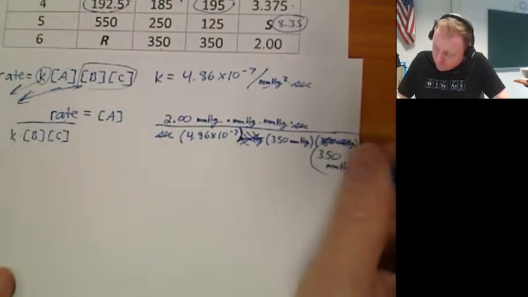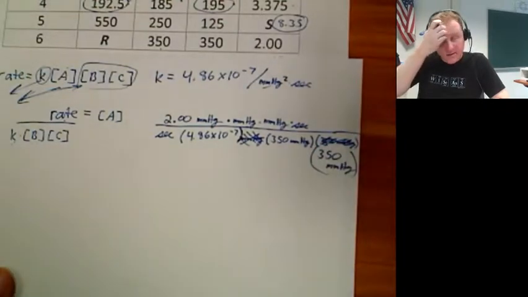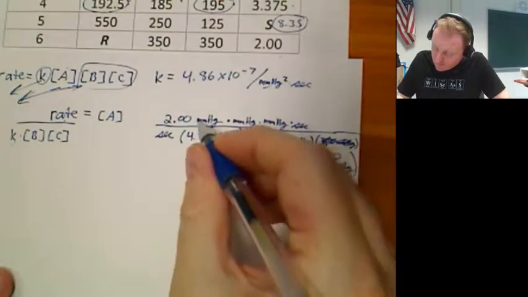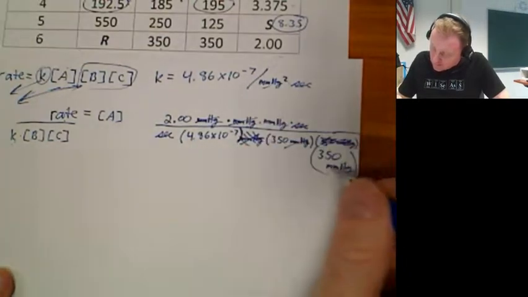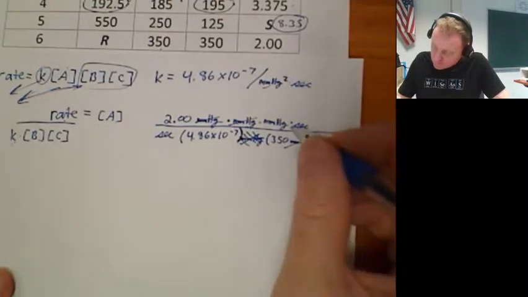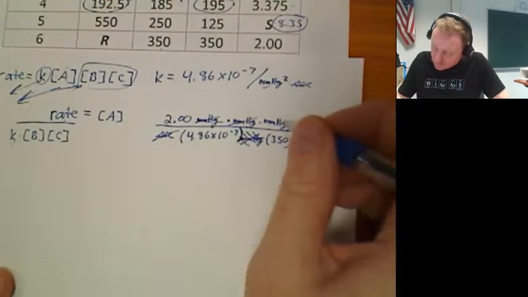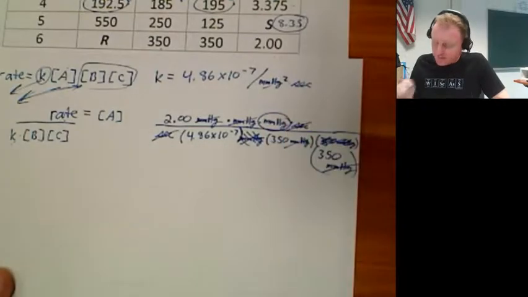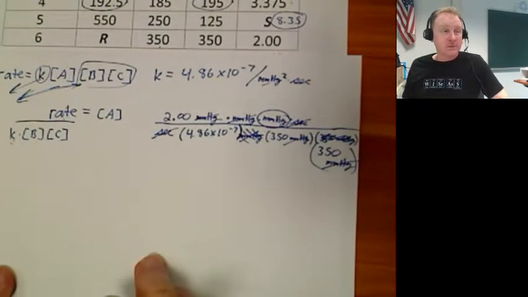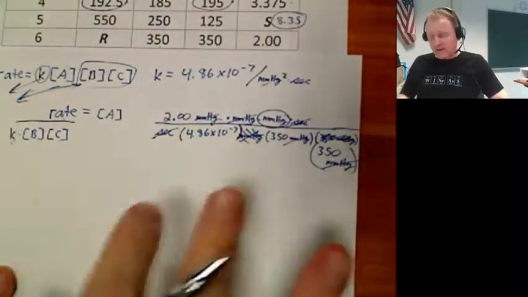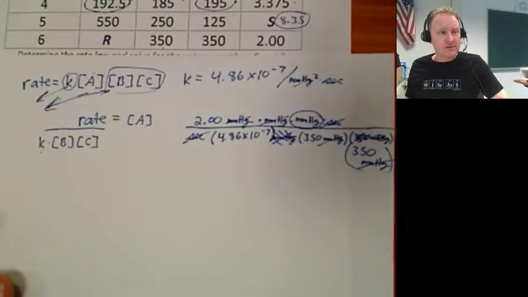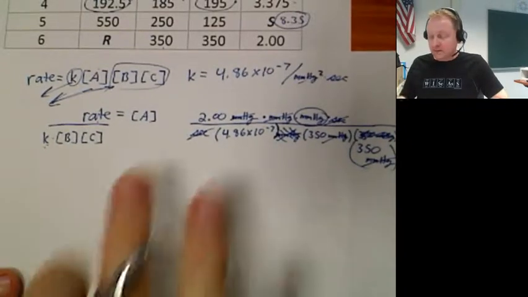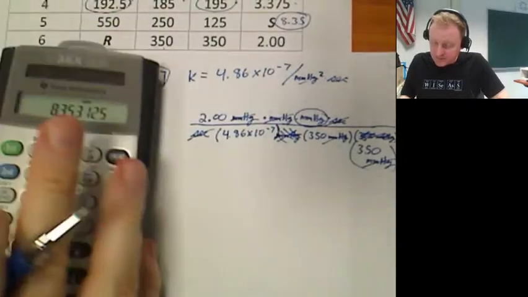A little easier to see there. So canceling things out, millimeters of mercury cancels with this millimeters of mercury. This one cancels with this one. Seconds cancels with seconds. And our answer is in millimeters of mercury, which is excellent because we want the concentration. So units canceling out would tell me right now if I did something majorly wrong. I should be able to catch it right there. So if I make a mistake on this one, at least it's not in this setup. So now I've got all my numbers in place.